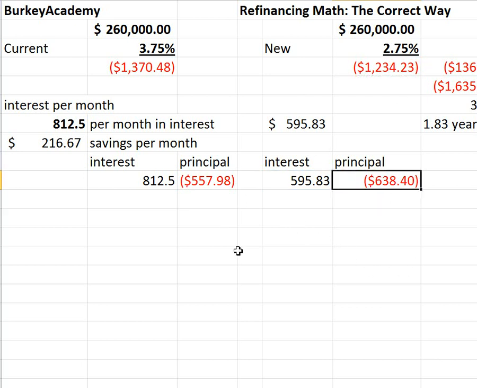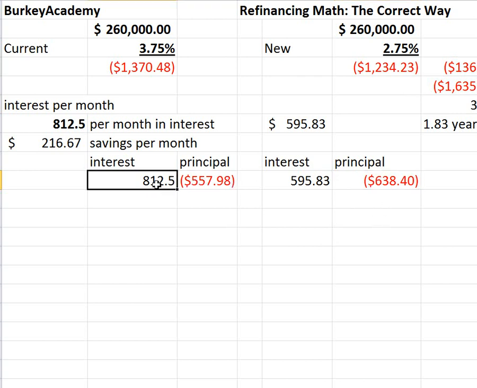When you lower your payment due to a lowered interest rate, two things happen. Number one, your payment goes down by $136, but the second thing that happens is that the amount of principal you're paying goes up.